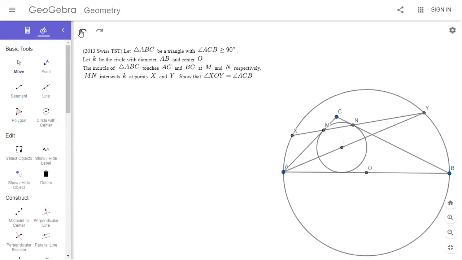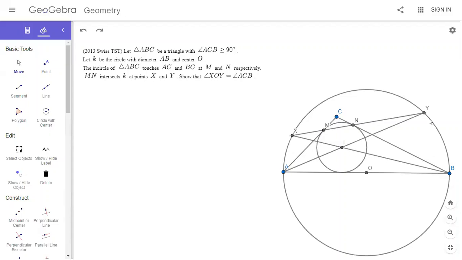My way of thinking about it was, so angle XOY, it's 180 minus XOA minus YOB. And XOA is half of XBA, and YOB is half of YAB. That was kind of my way of thinking about it. So 2 angle XAY is 2 angle IMN, once you know that those are cyclic. But you really don't even need to know that those are cyclic.